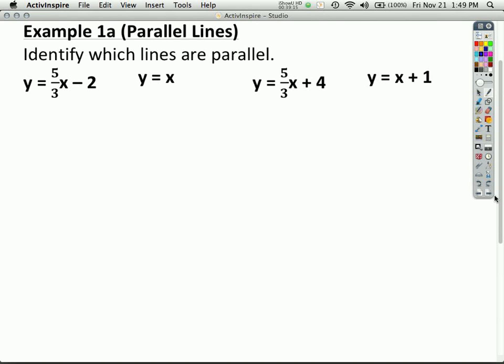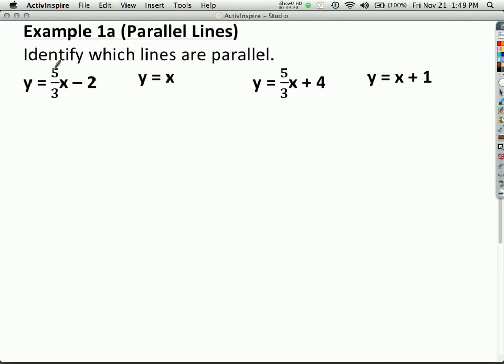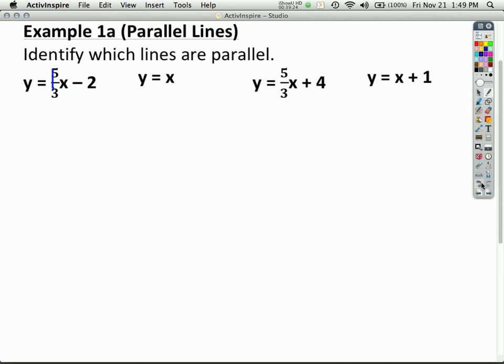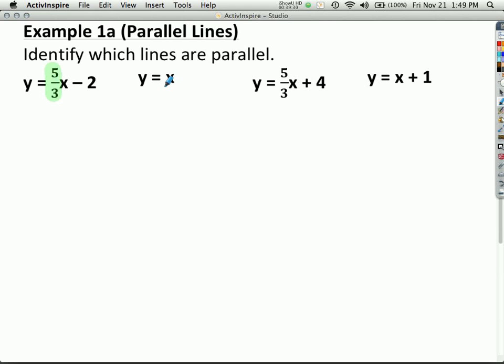So what's the slope of this first equation? Can someone tell us what the slope is? Catalina? 5/3. What is the slope of this second equation right here? Marcus? Slope is a number, it is not a variable. It is 1.